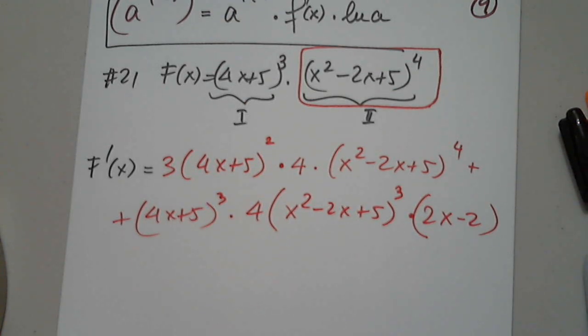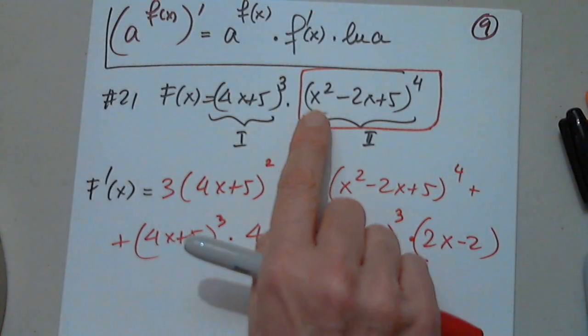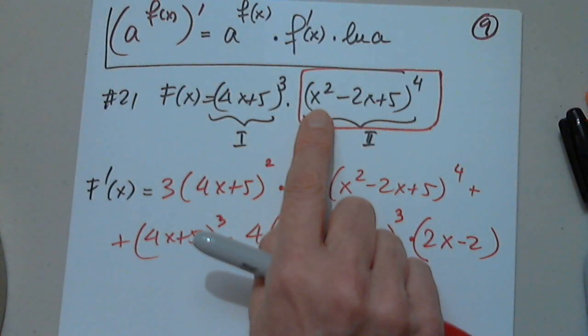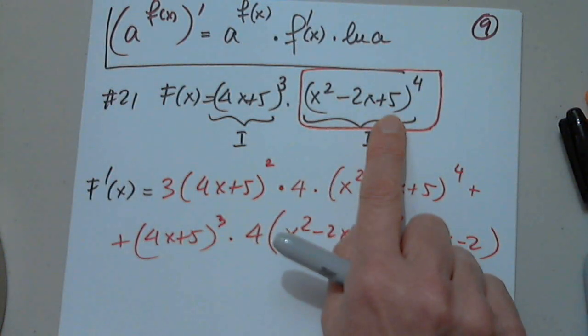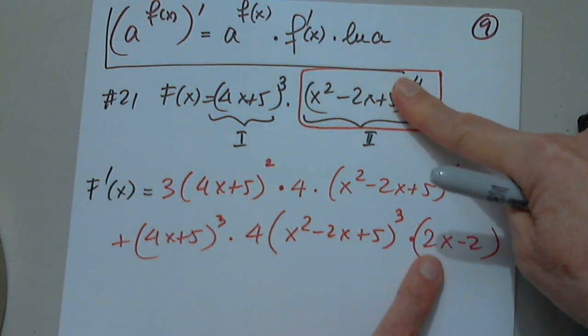So, where did you get the minus 2? Can you say that again? I said, where did you get the minus 2 from? The 2x minus 2. Why is it not 2x plus 5? What is the derivative of a constant? Isn't it 0? Good. So then what is the derivative of x squared?